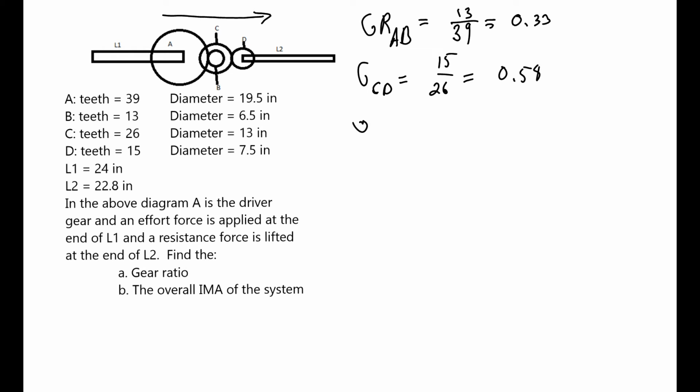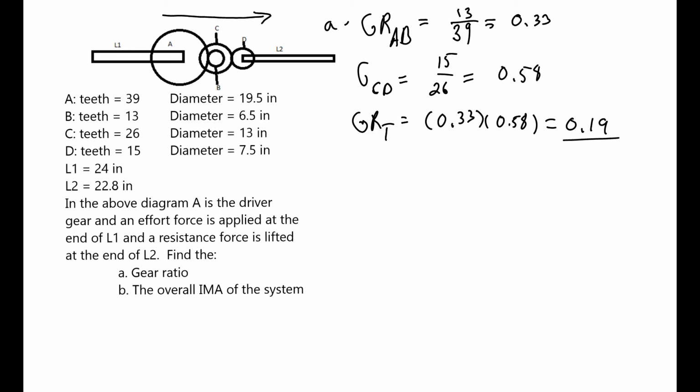And for our gear ratio total, multiply those two numbers together, so 0.33 times 0.58, and what do we end up with? I say 0.19. So that's our overall gear ratio. That's the answer to question A.